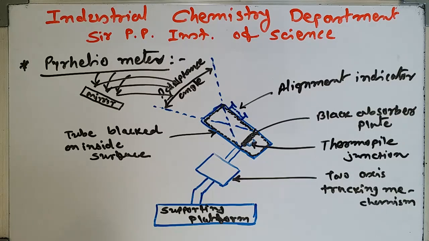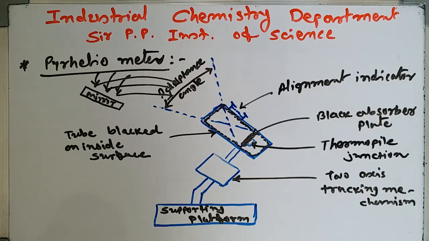And this is the pyrheliometer, which is used for measuring beam radiation, and sometimes also for diffuse radiation, but only a small amount of diffuse radiation is measured, so it is very important for measuring beam radiation. In this lecture we completed three drawings of our solar radiation measuring instruments.